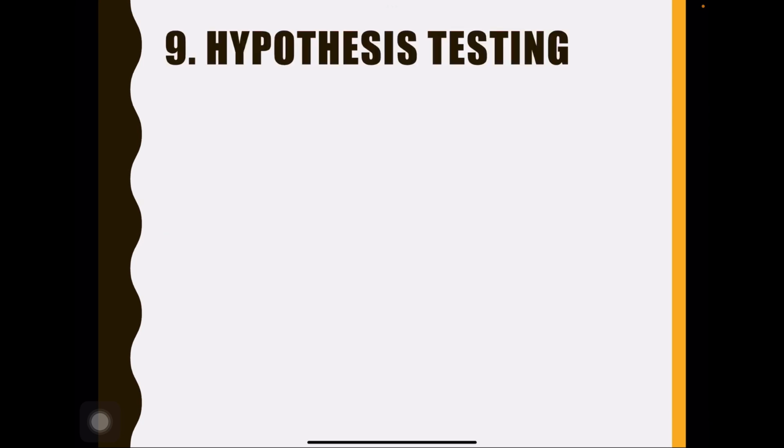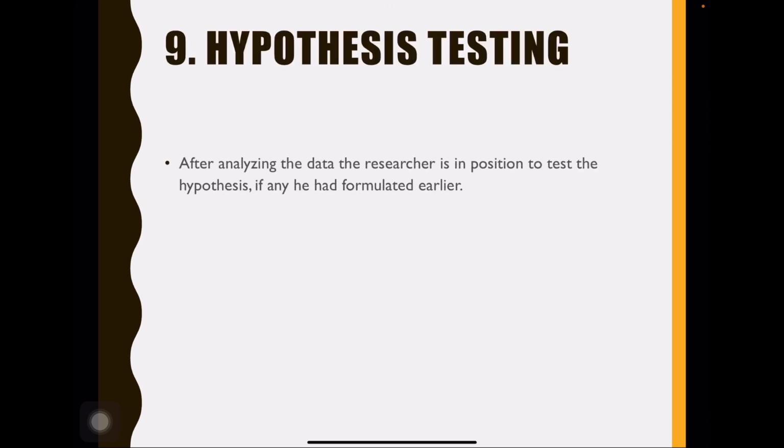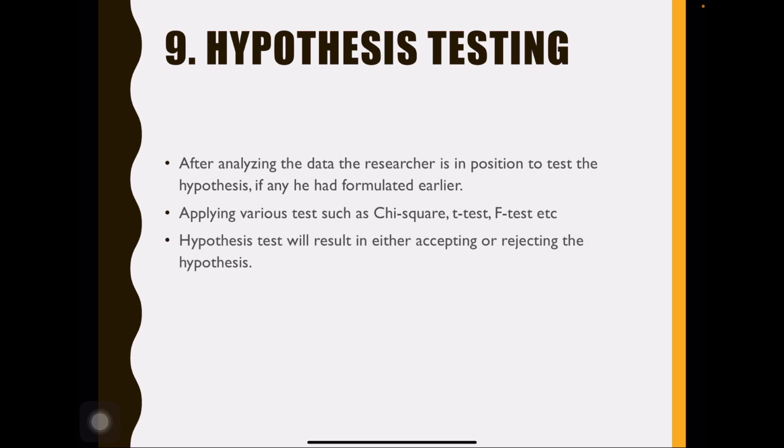9. Hypothesis testing. After analyzing the data, the researcher is in a position to test the hypothesis, if any he had formulated earlier, applying various tests such as chi-square, t-test, F-test, etc. Hypothesis testing will result in either accepting or rejecting the hypothesis.